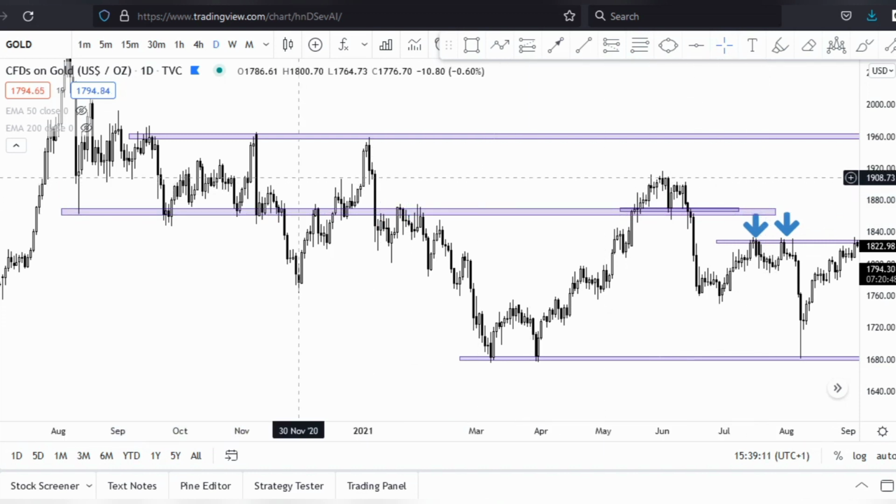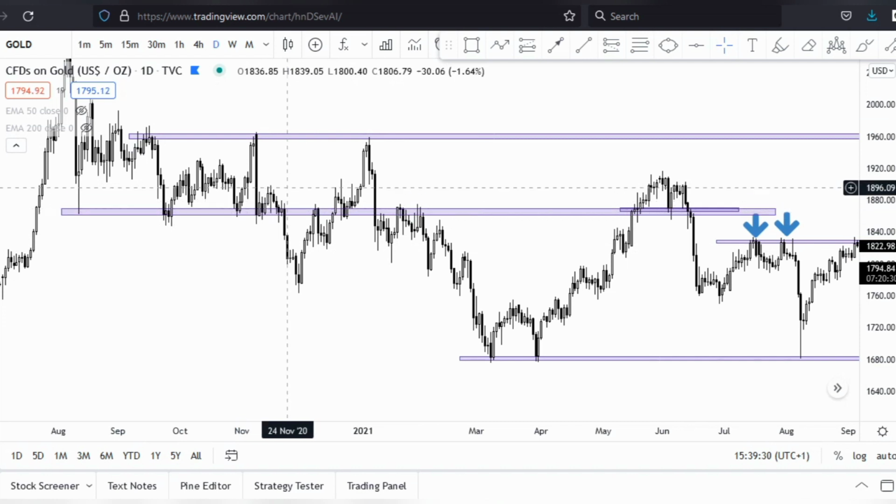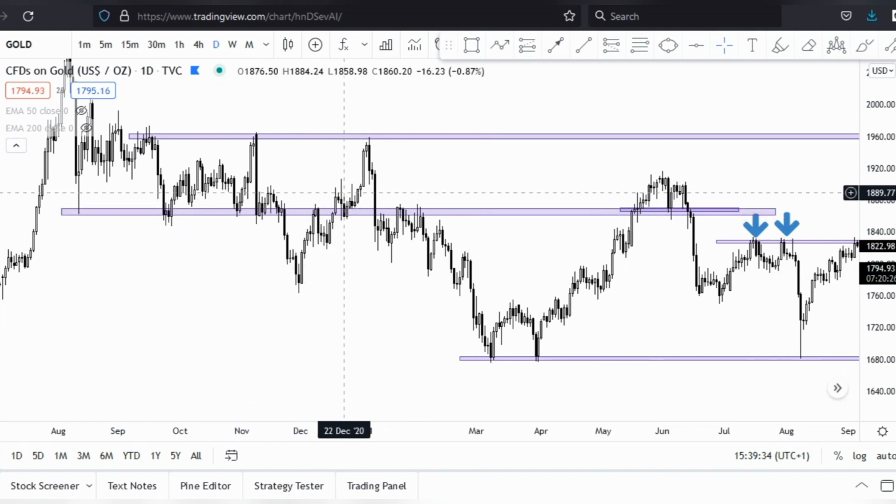Okay, so price got here, tested it once, came back here, tested it again, came back here. So this is the third time that it's testing it, so it's quite strong, and it bounced to the upside. Okay, the same thing here, one, two, and on the third try, bounced to the bottom side. Then price finally broke this, came back up, bounced off it, and broke it again. So meaning that this area became very weak, and you can see price going through it several times.